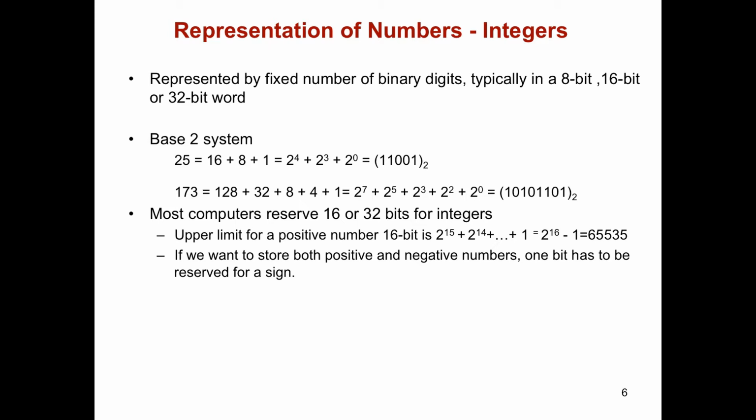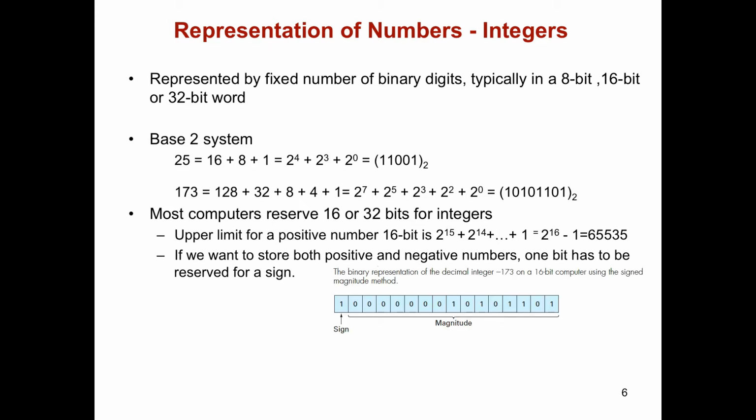So I'm going to reserve 1 bit for sign. But then what's left is actually my number, so that makes the range different. It's going to be half of this, essentially. I will go from negative half of this to positive half of this, but I'm going to have a finite container.